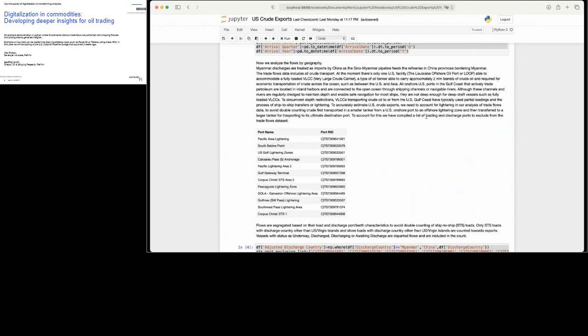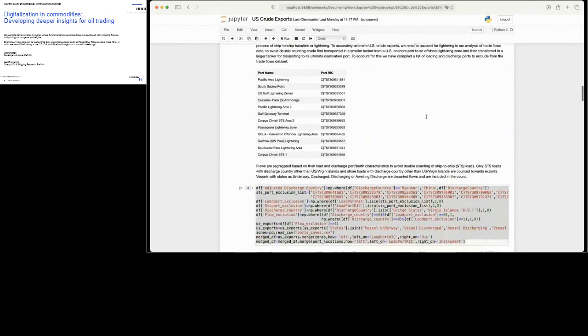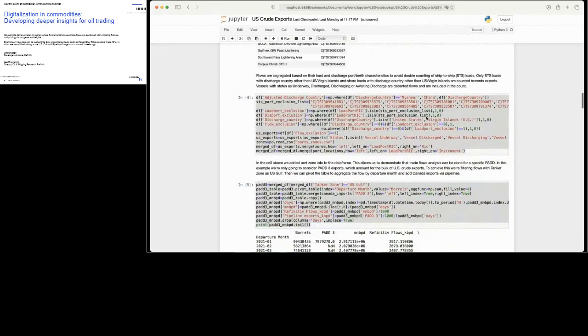For this purpose, we compiled a list of loading and discharge ports to exclude from the trade flows data set. Flows are segregated based on their load and discharge port or berth characteristics to avoid double counting of ship-to-ship loads. Only ship-to-ship loads with the discharge country other than US or US Virgin Islands, and shore loads with the discharge country other than US or US Virgin Islands are counted towards exports.